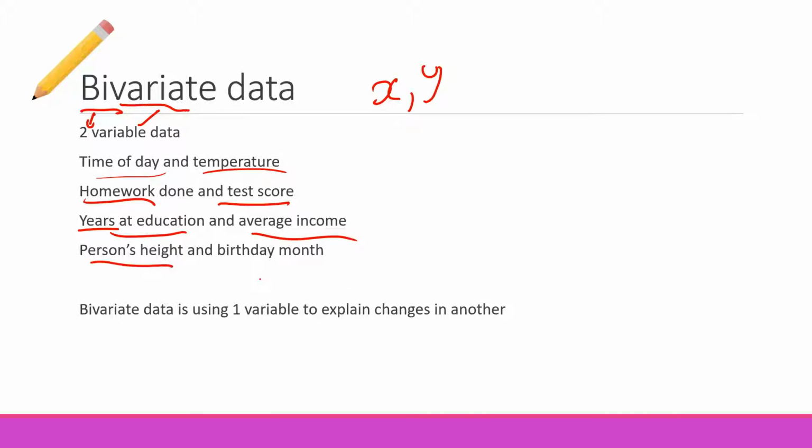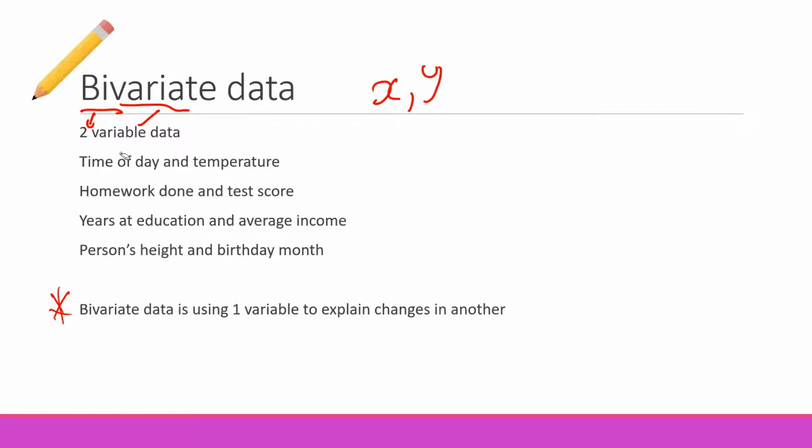You could use a person's height and their birthday month. Bivariate data is using one variable to explain changes in another. That's what the main goal of bivariate data is.